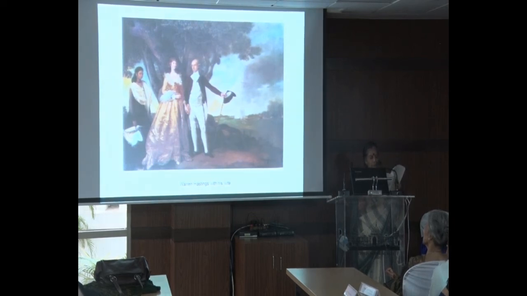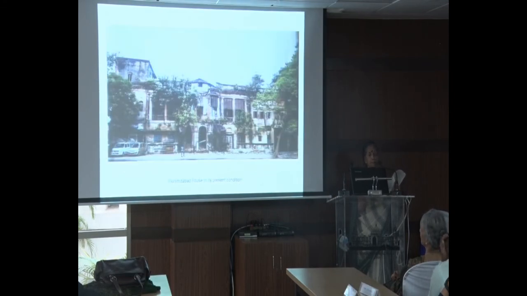Clearly, the servants were required as particular details in the general pictorial schema only when recording the wealth of the patron. Next slide. The Murshidabad house in Calcutta, opposite St. Xavier's College, as it is now.